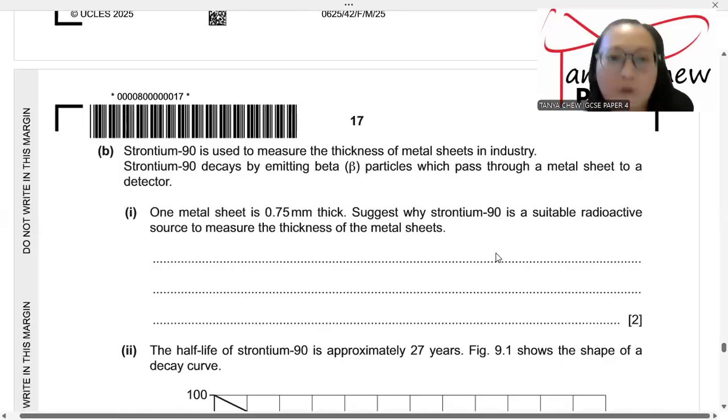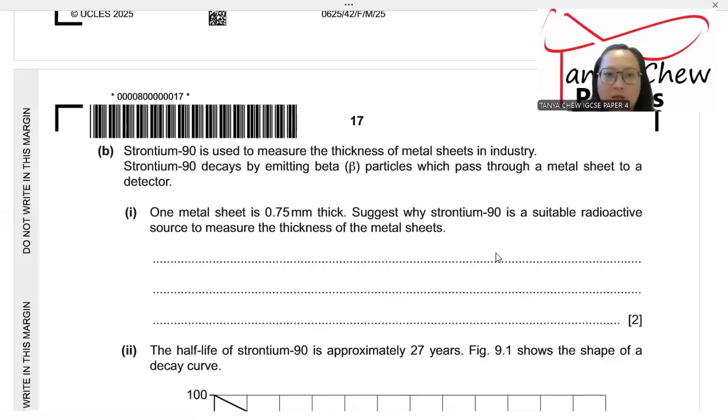Let me tell you about beta decays, right? The nuclide that emits beta particles. So beta particles are being used to control the thickness of the sheet, the thickness of the paper that you printed out. They are of the same thickness, right? So thanks to these beta particles. Why is strontium-90 suitable?